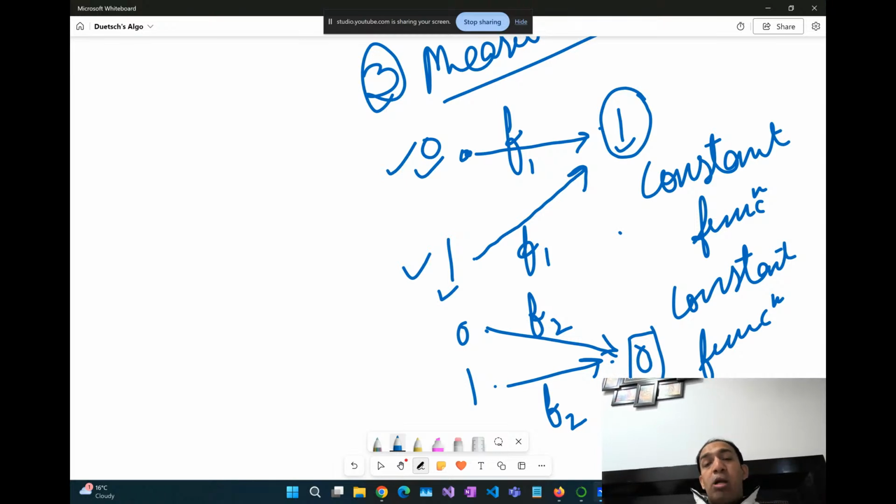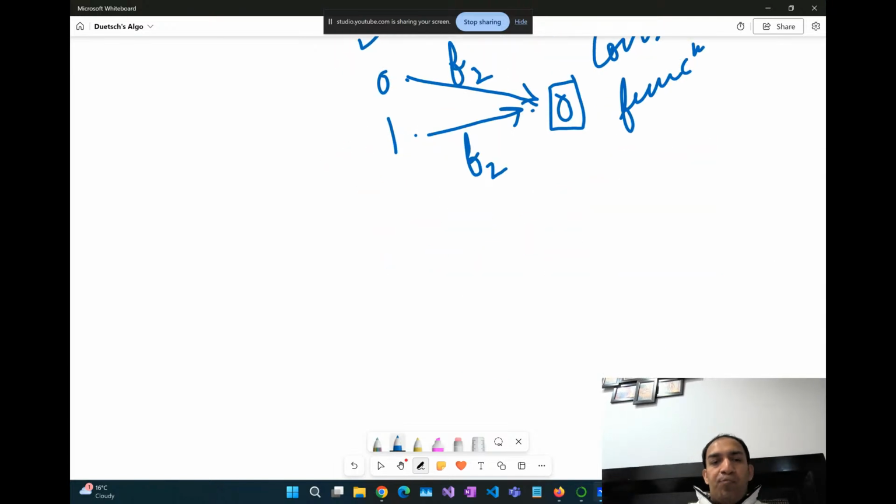But there is another type of function which we can define as balanced function. Now, this balanced function is something of this sort. Let me just explain. So, imagine you have inputs of 0 and 1, and this time, let's say, keep 0 and 1 over here.